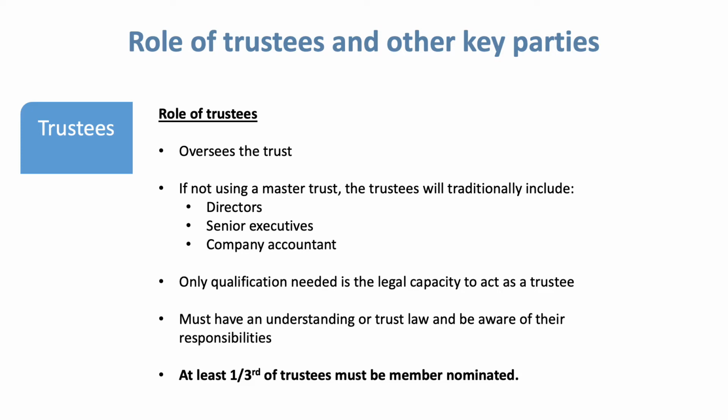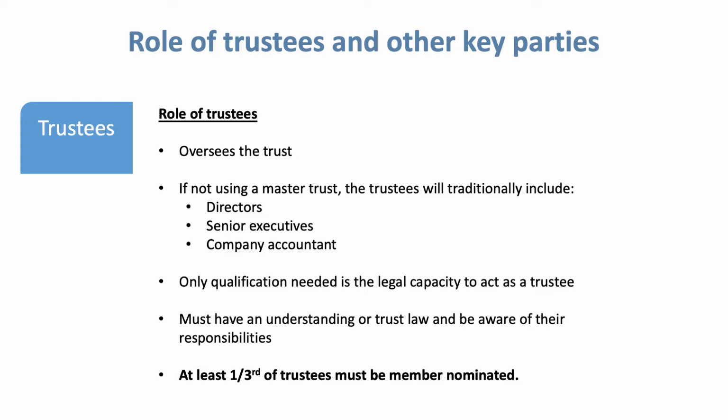So many of the current DB schemes use master trusts where the trustees will be appointed as a third-party delegated role. However, a number of the pension schemes, particularly banks, have a bespoke trust to hold the assets of the pension fund.